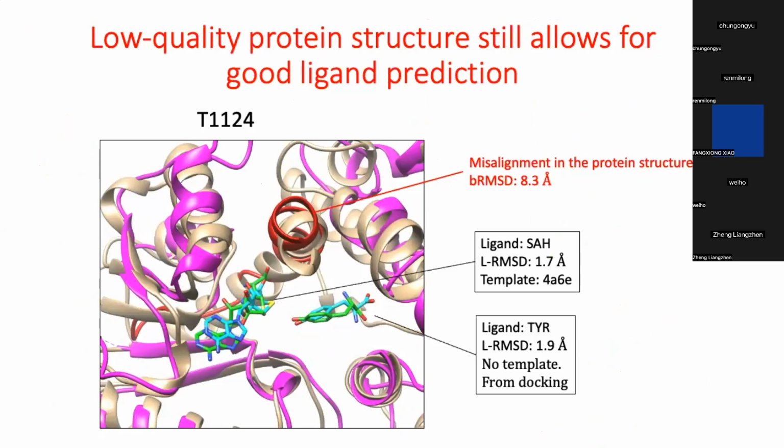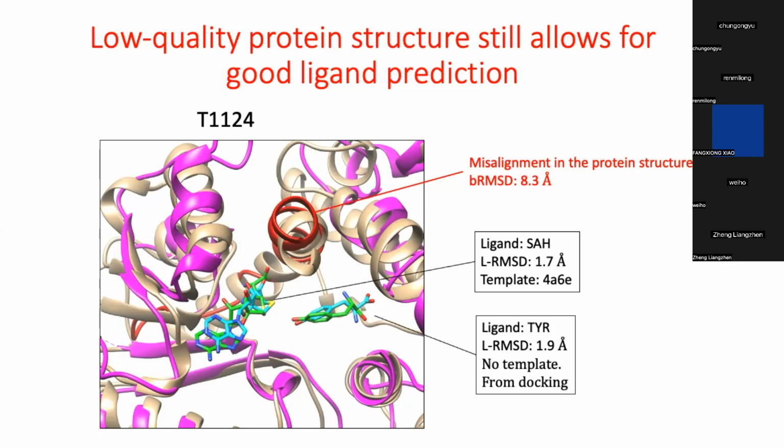In some cases, even low quality protein structures still allow us to make reasonable predictions. Like this case, target 1124, for this part, there's a big misalignment in the helical structures. So the backbone RMSD is 8.3, that's pretty high.